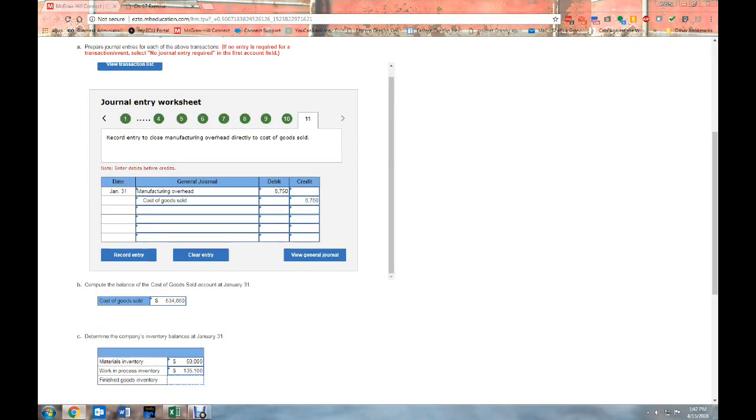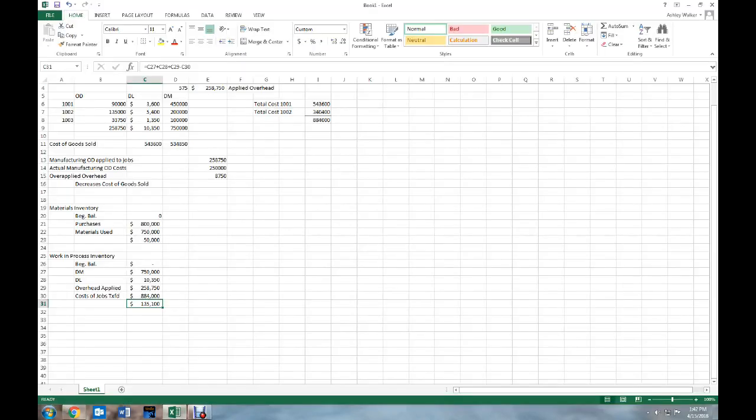Okay. So now finished goods. Finished goods is a little easier. 1001 and 1002 were the only ones transferred out of work in process. All right, so our beginning balance here again is easy. It was 0.